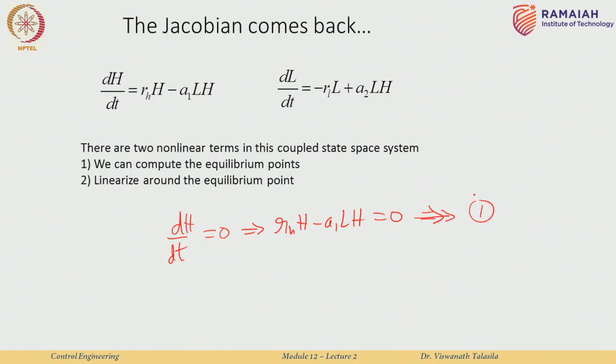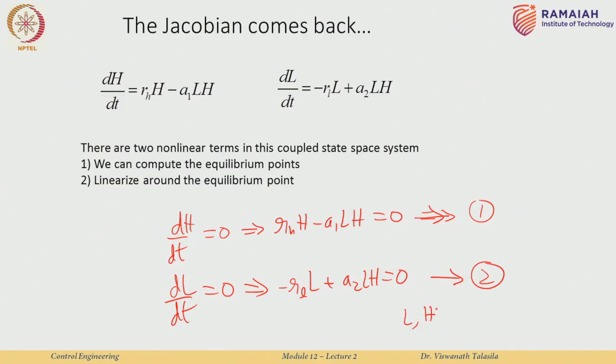We do the same thing with dL by dt, we set this equal to 0, and this would mean minus RL times L plus A2 LH equal to 0. We have two equations and two unknowns, the unknowns are L and H, and remember these are functions of time.